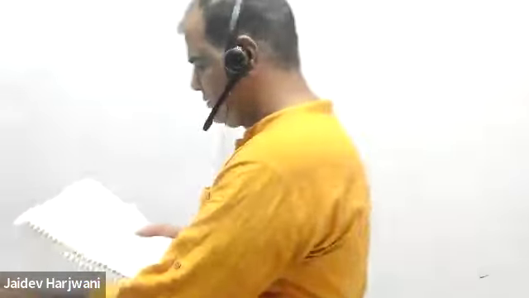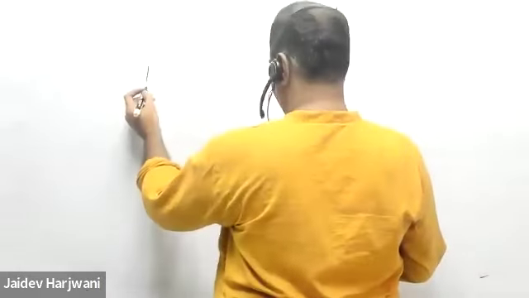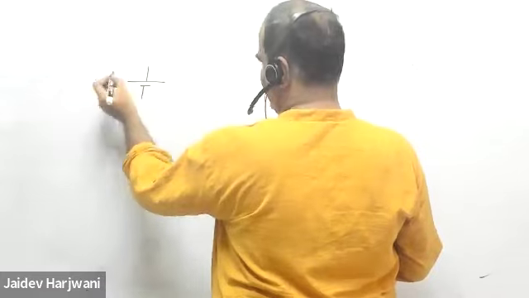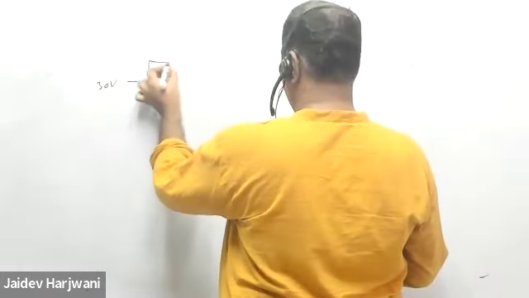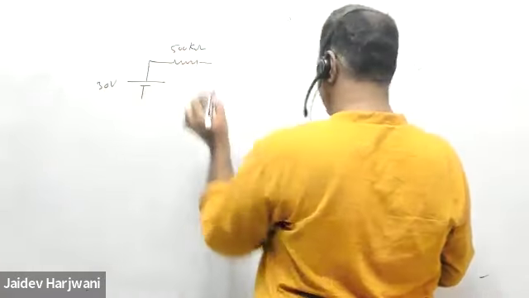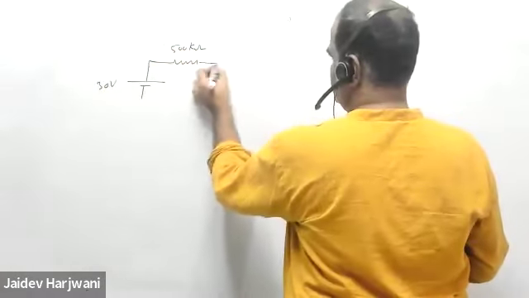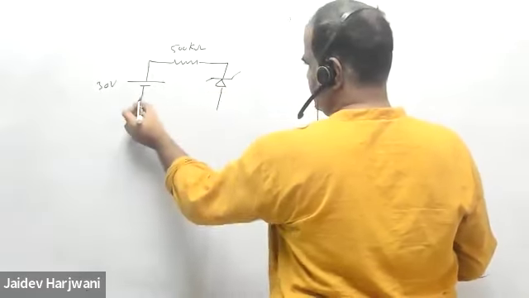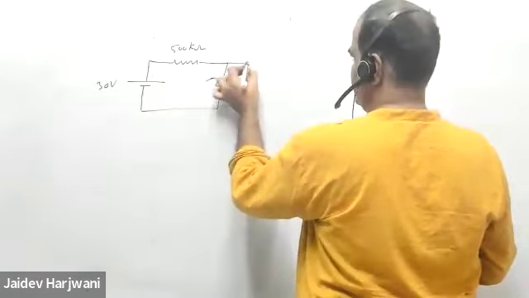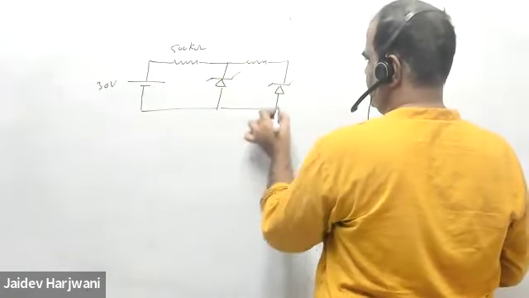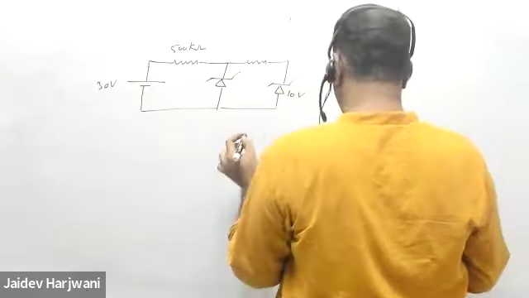Say I have a 30 volt battery given. A 500 ohm resistance is there. A Zener diode is given, and here a 10 volt Zener diode is given.